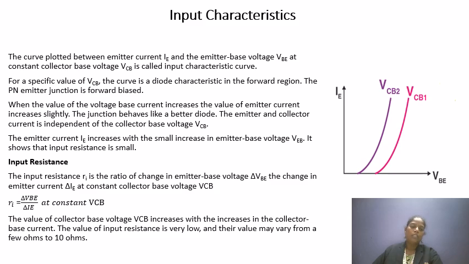For a specific value of VCB, the curve acts as a normal diode in forward bias. So the PN emitter junction, junction 1, is in forward bias. When the base voltage increases, the emitter current increases slightly. So the junction behaves as a better diode. The emitter current is independent of the collector base voltage.